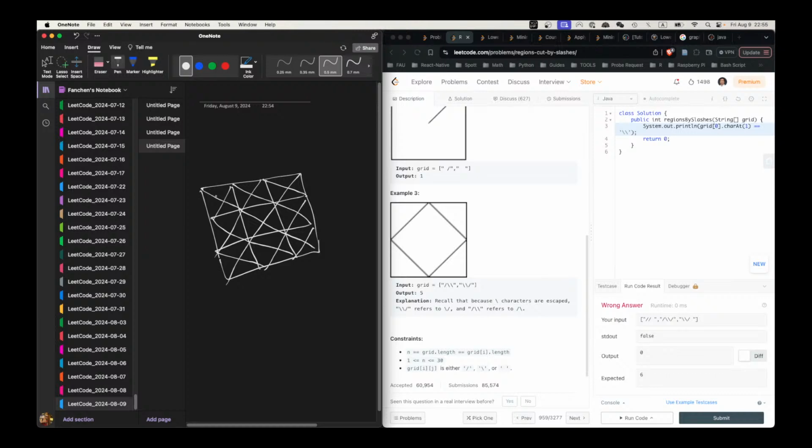So if it's 0, 1, 2, 3, and the next cell, index is 1, because we've already done 4, this one should be 4, 5, 6, 7, 8, 9, 10, 11. Right, how do we do this?